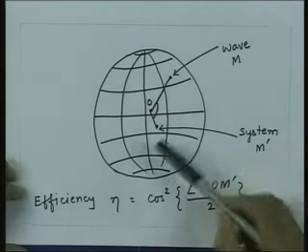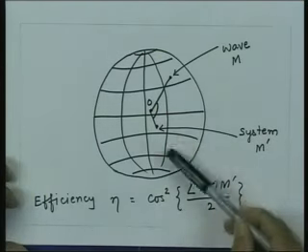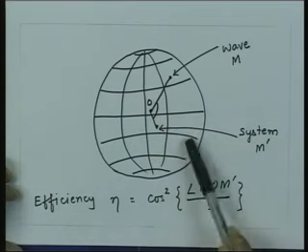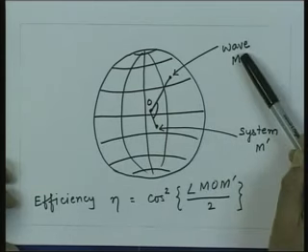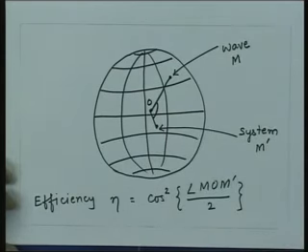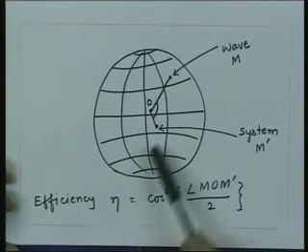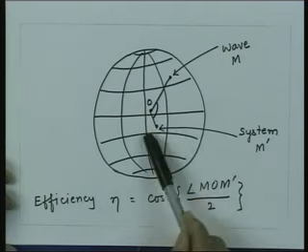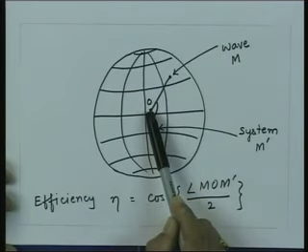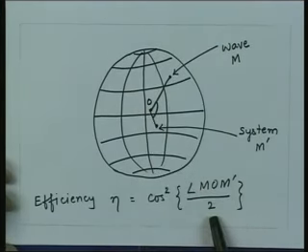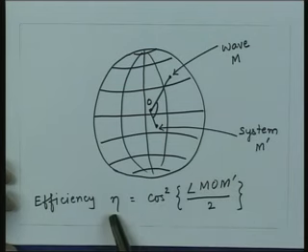So, the Poincare sphere can also be used to find the interaction efficiency between the wave and a system. I just mark these 2 states of polarization on the Poincare sphere, find the angle which they subtend at the center of the sphere, take half of that angle, and cosine square of that gives me a quantity which is called the efficiency of exchange of power between the wave and the system.